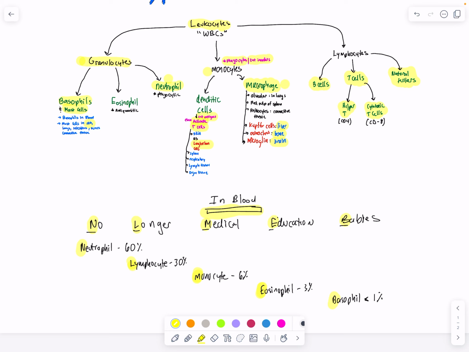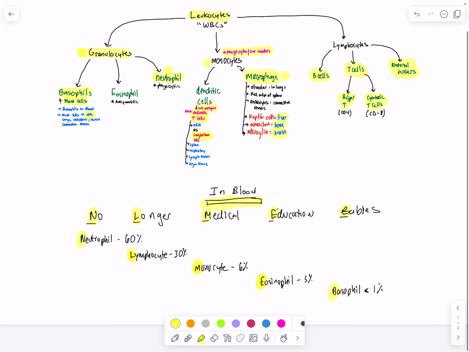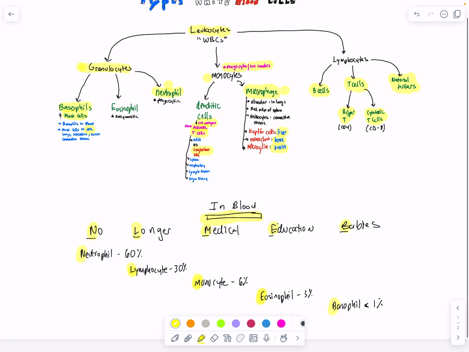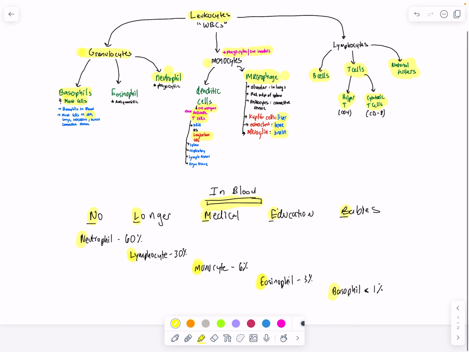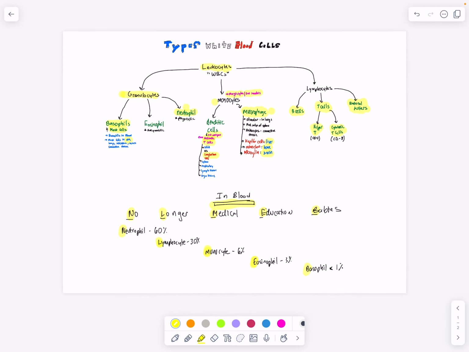All right, then we have our mnemonic, No Longer Medical Education Babies, which is the white blood cell distribution in the blood. Neutrophils 60%, lymphocytes 30%, monocytes 6%, eosinophils 3%, and then basophils less than 1%.